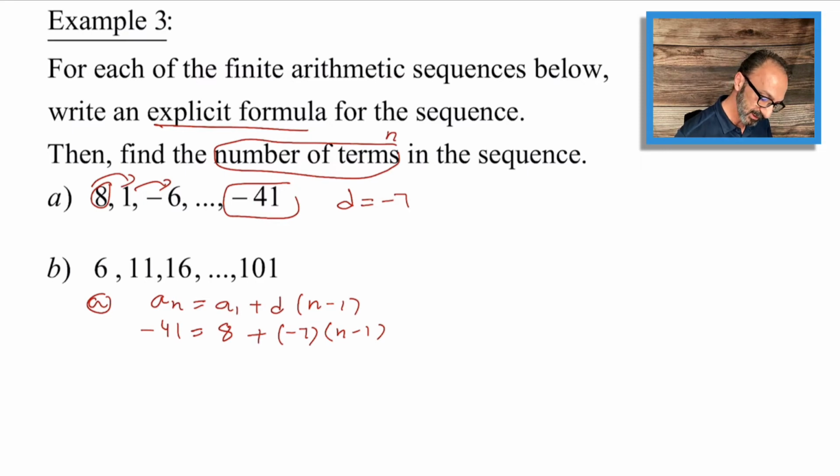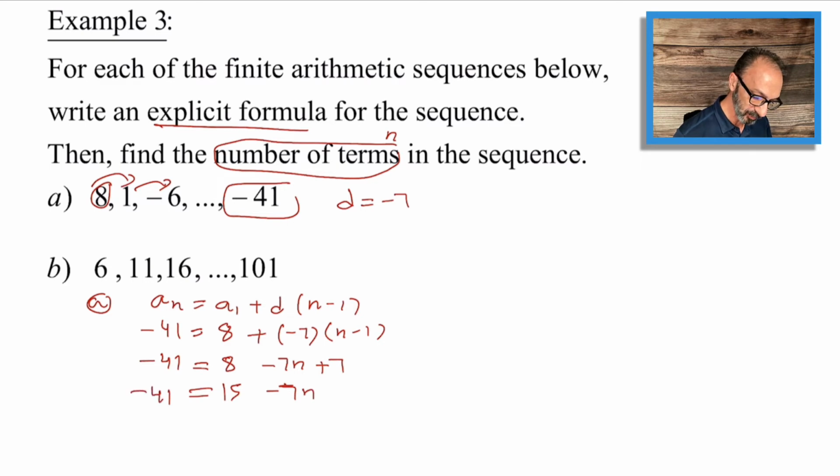So we have minus 41 equals 8. The distributive property here will give me minus 7n. Minus 7 times -1 is plus 7. We're going to add 7 and 8 on the right side, which gives me 15. And minus 41.